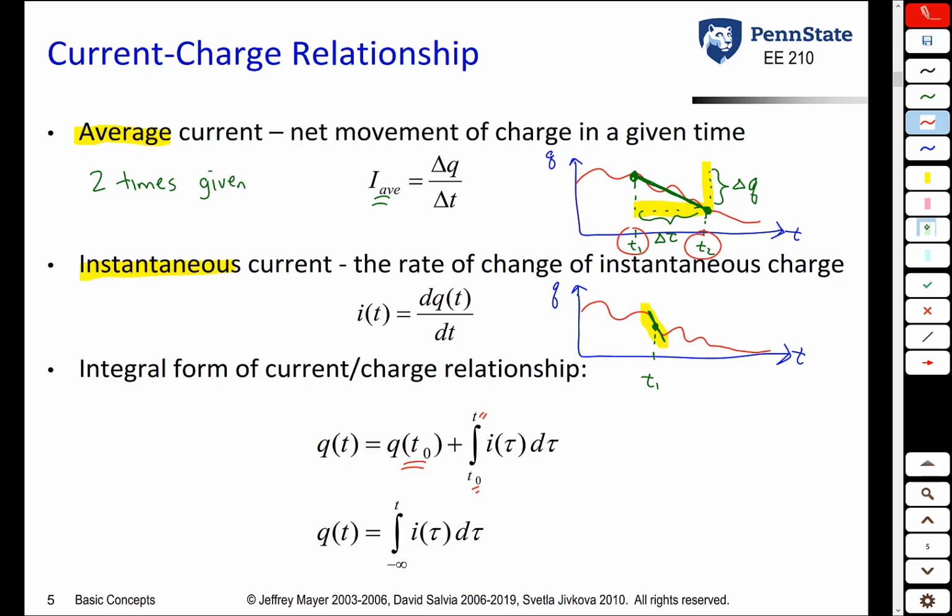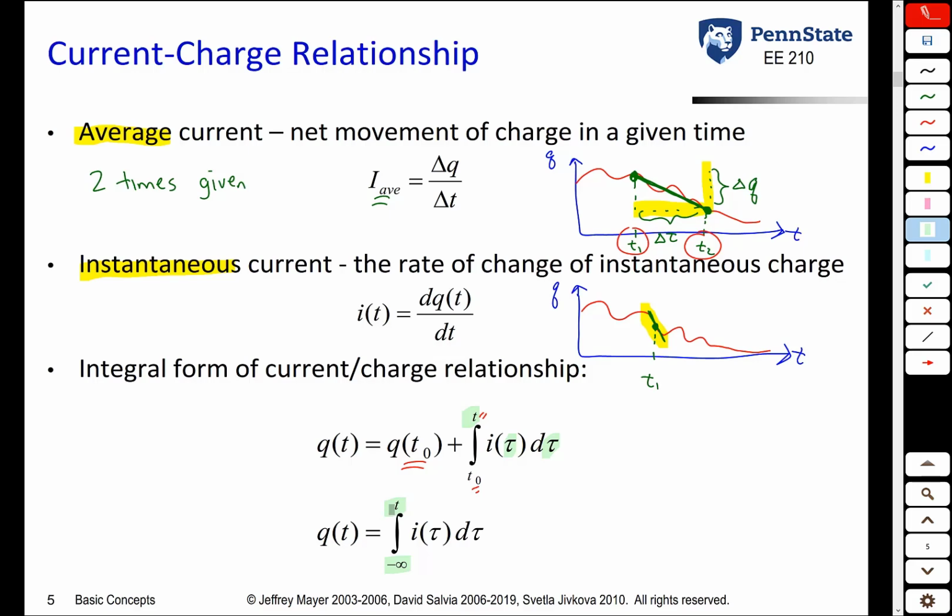And I should point out here that we use a dummy variable tau within this integration to differentiate it from this t that shows up in the final equation. And we'll see this in an example in a couple pages. If we're starting at time minus infinity, whatever that means, q of t would just be the integral from minus infinity to t of I of tau d tau.